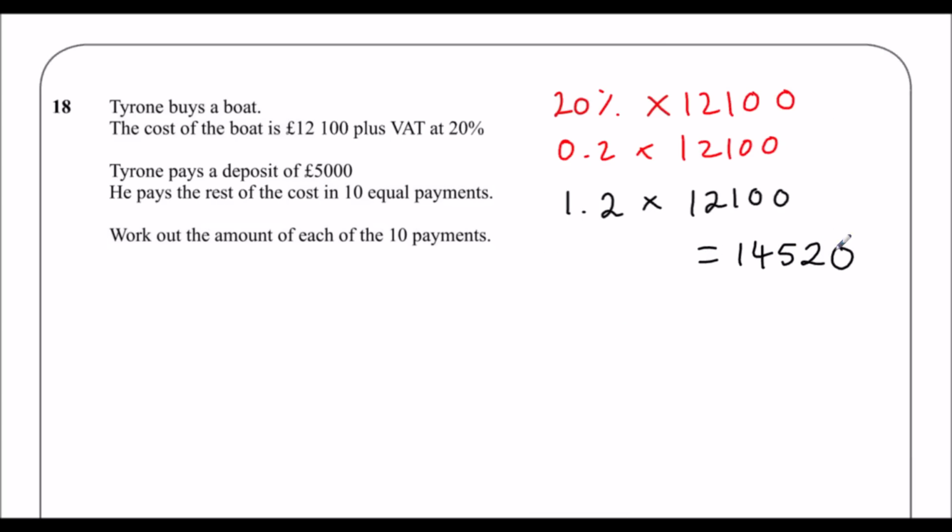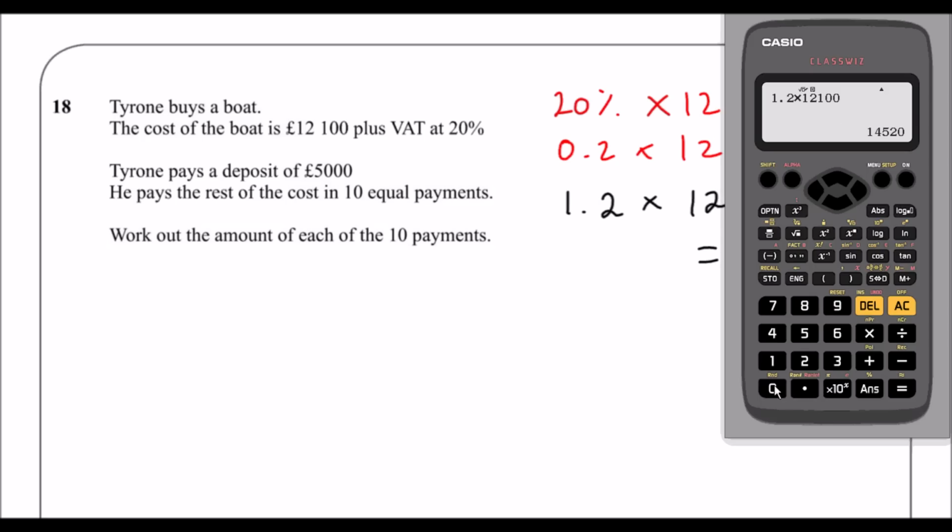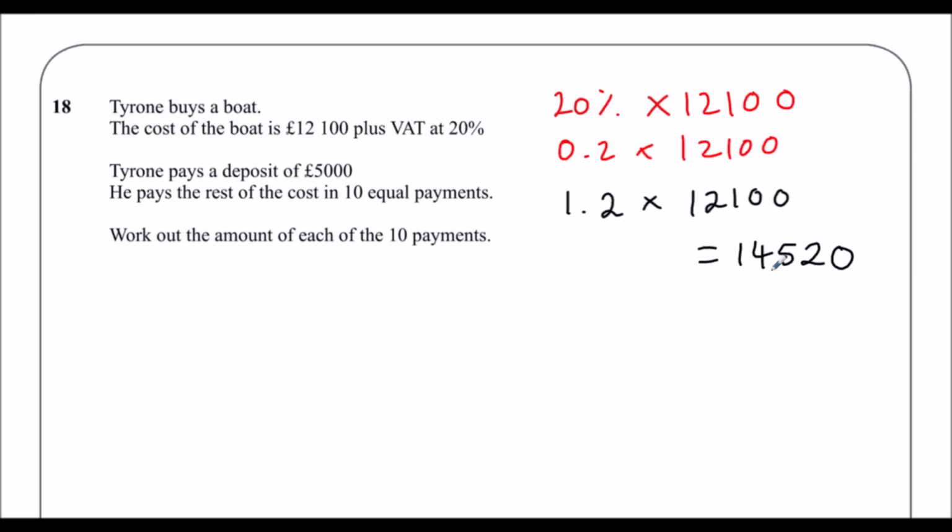So that's the total cost of the boat. If we had worked out 20%, which is 2,420, and then added it on, we would have got the same number, £14,520. That's the total cost. He pays a deposit of 5,000.